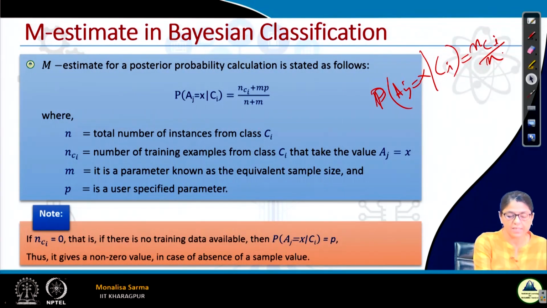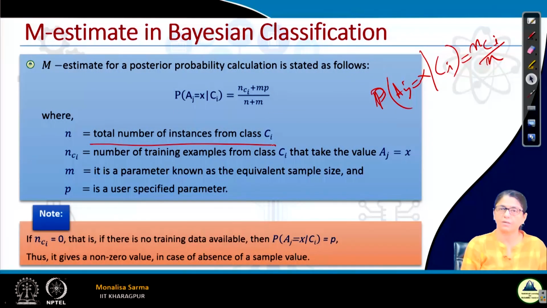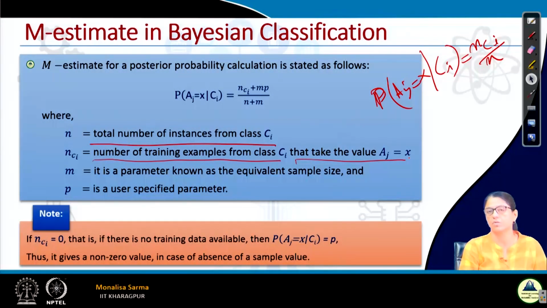What is n here? n is the total number of instances from class Ci. We have calculated that, isn't it? The probability of a particular value of x given the class. And nC_i is the number of training examples from class Ci that take the value Aj equals x.